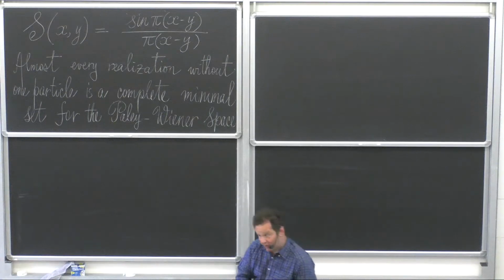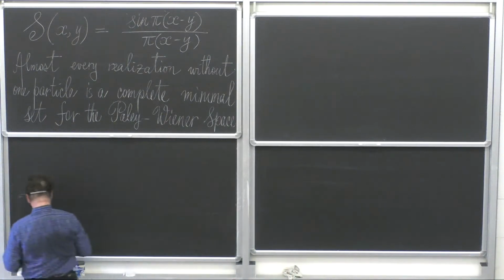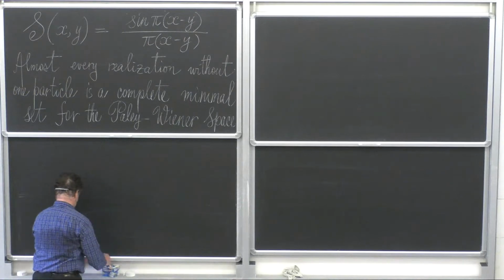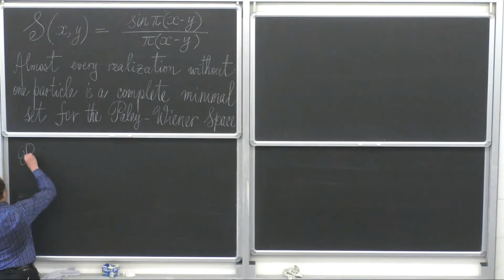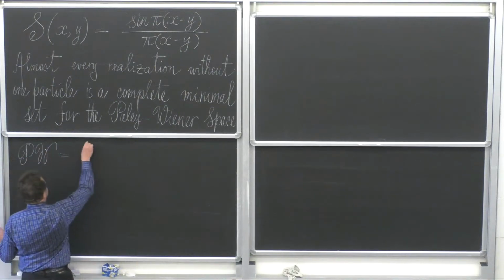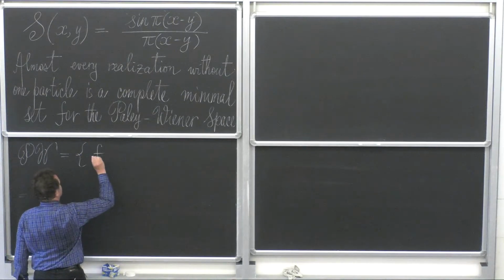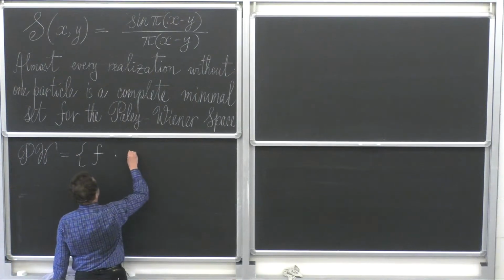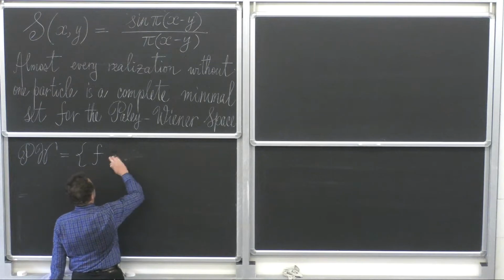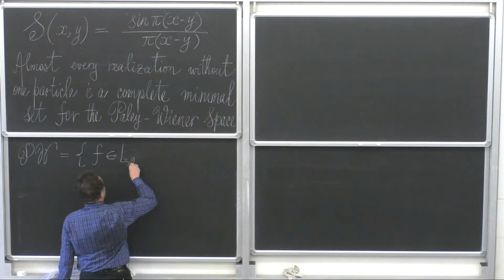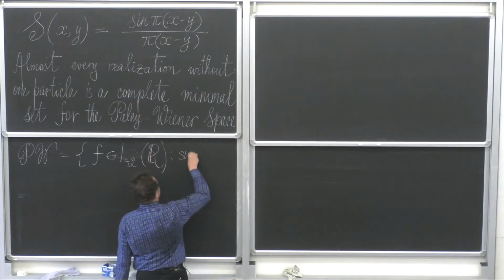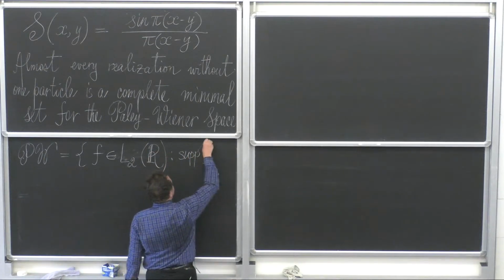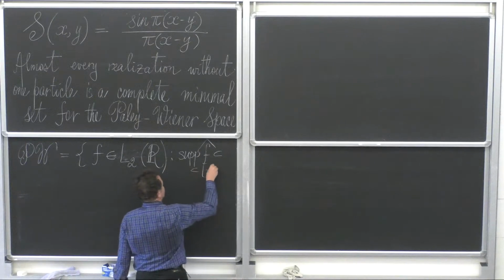So let us recall just that, let me even start with the example of the Paley-Wiener space. The Paley-Wiener space is the space of functions in L2 of R whose support of the Fourier transform is in minus pi, pi.